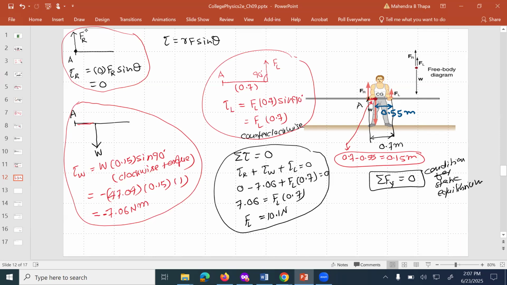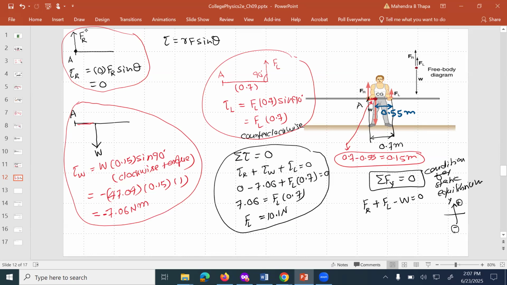Okay, so we can see here, if we consider up positive along the y-axis, down negative along the y-axis, we can write FR plus FL minus W equals 0.